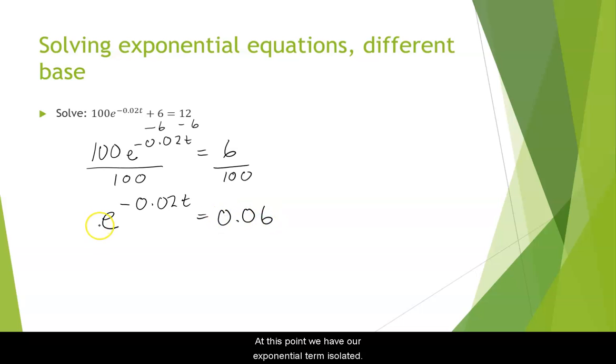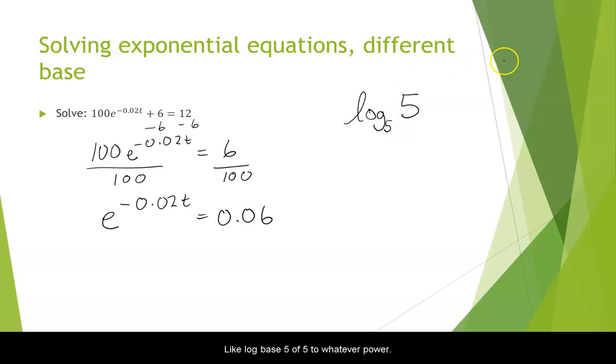At this point, we have our exponential term isolated. To bring down that exponent, I need to take a logarithm of both sides. While you could use common log, I strongly suggest you use natural log. Whenever the base of the logarithm matches the base of the number, like log base 5 of 5 to the 17th, it equals 17.